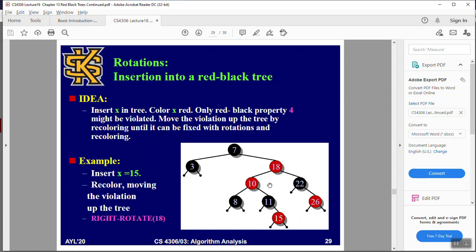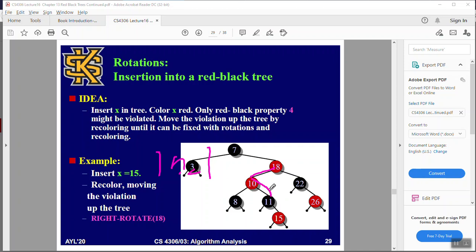The violation is coming, you see that, from the left, and this one is coming from the right. So the violation is coming here, in this position.